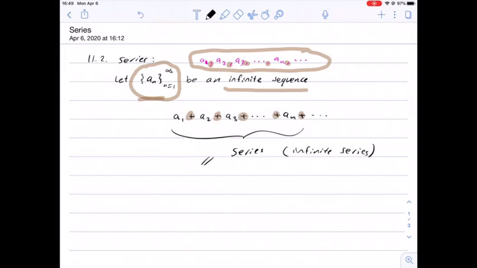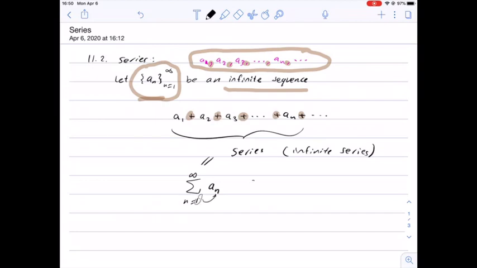Sometimes we prefer to write it in a more compact form, so the notation that we're going to use is the sum. This is sigma, which denotes the sum. That means the operation here is the sum. So the sum from n equals 1 to infinity of a sub n. What does that mean?